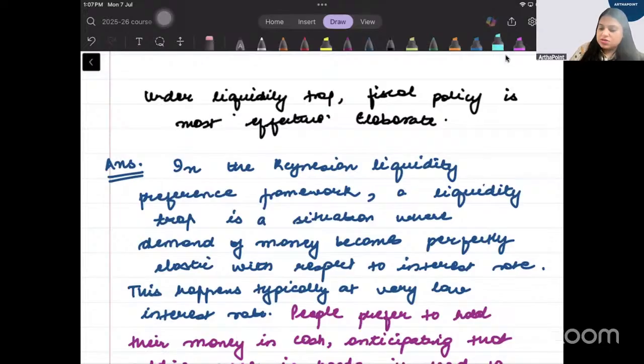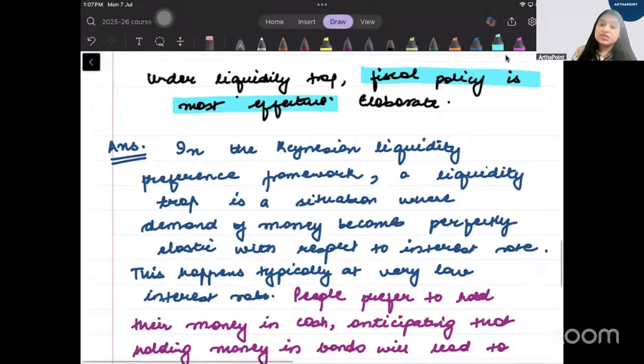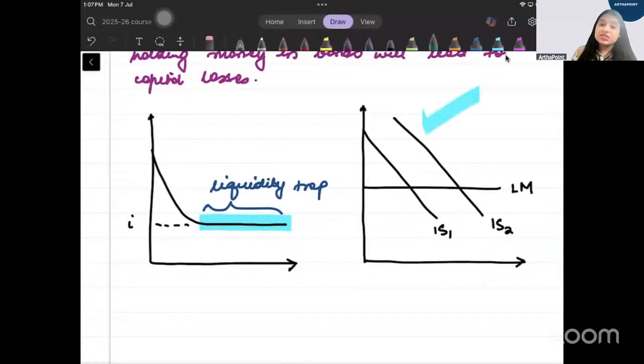If you are asked such things, it is about effectiveness and non-effectiveness of monetary and fiscal policies: you are shifting your IS curve to the right, to the left, changing your LM curve, showing in which case output changes and in which it doesn't. This is the right graph for it. It is related to the liquidity trap, but this is about policy effectiveness and ineffectiveness. That is this answer, right?